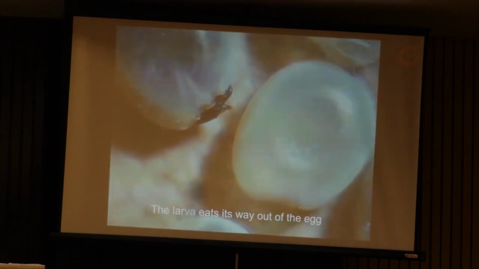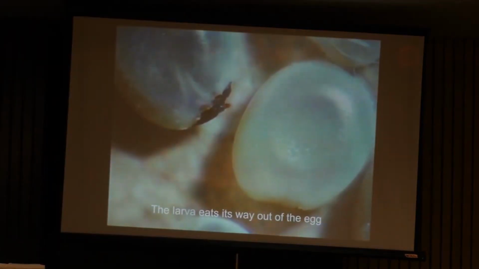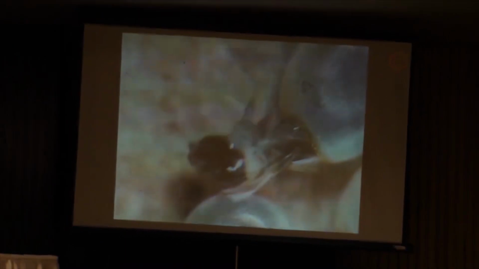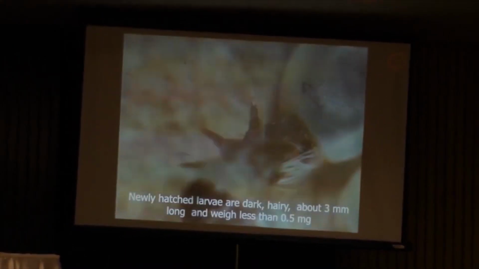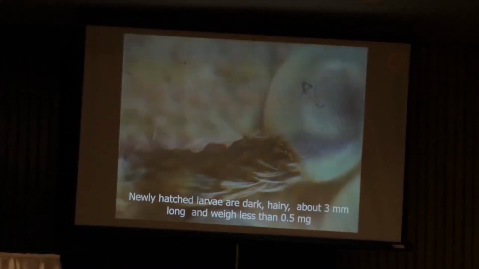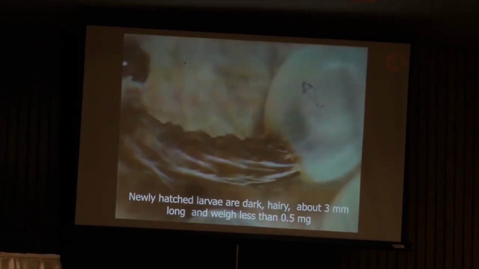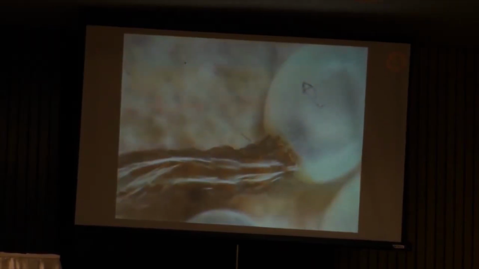The larva eats its way out of the egg. Hatched larvae are dark, hairy, about 3 mm long and weigh less than 0.5 milligram.